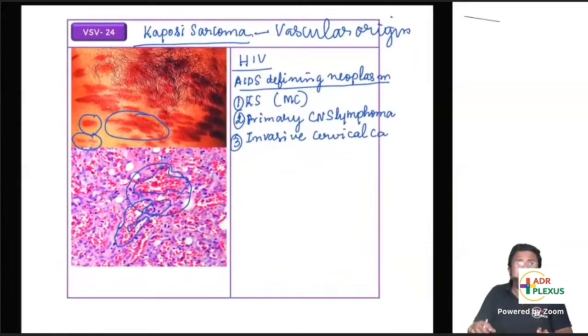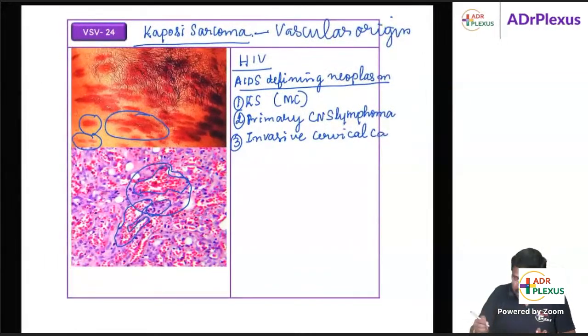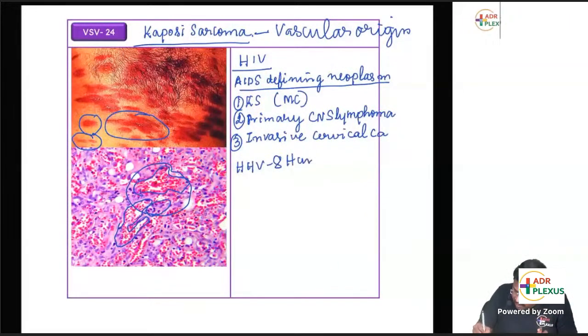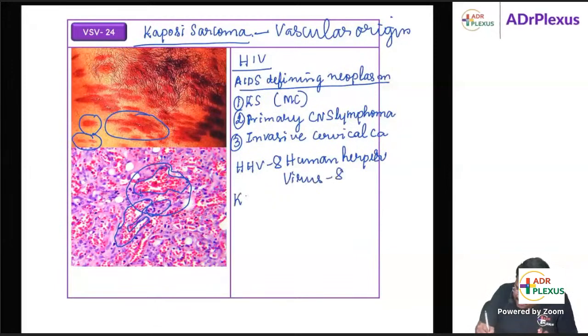What causes Kaposi sarcoma? Kaposi sarcoma is caused by HHV8. HHV8 means human herpes virus 8, otherwise called KSHV, that is, Kaposi sarcoma herpes virus.